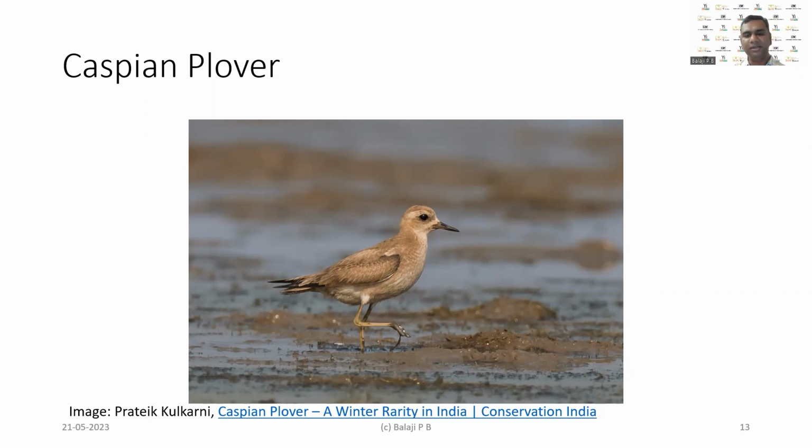And the other thing is it shows a very prominent, very bright white supercilium, which is not there in this picture. But generally, when you see a Caspian plover, the number one pointer to it is the supercilium. So that would help you identify the Caspian plover in the field.